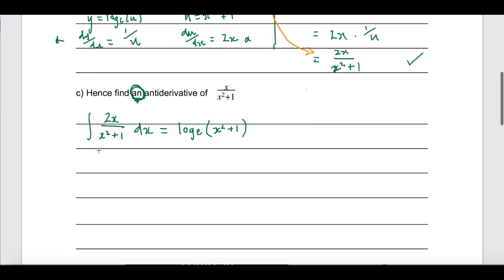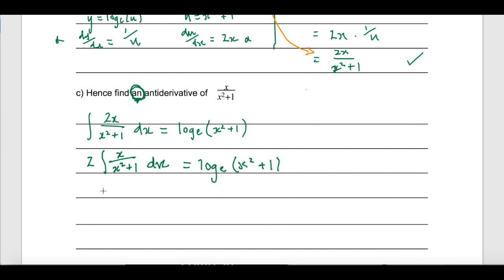So we just need to take the 2 out. That leaves us with the integral of x on x squared plus 1 dx. Now you notice this is what we want, this is what we're trying to solve for, equals log e of x squared plus 1.